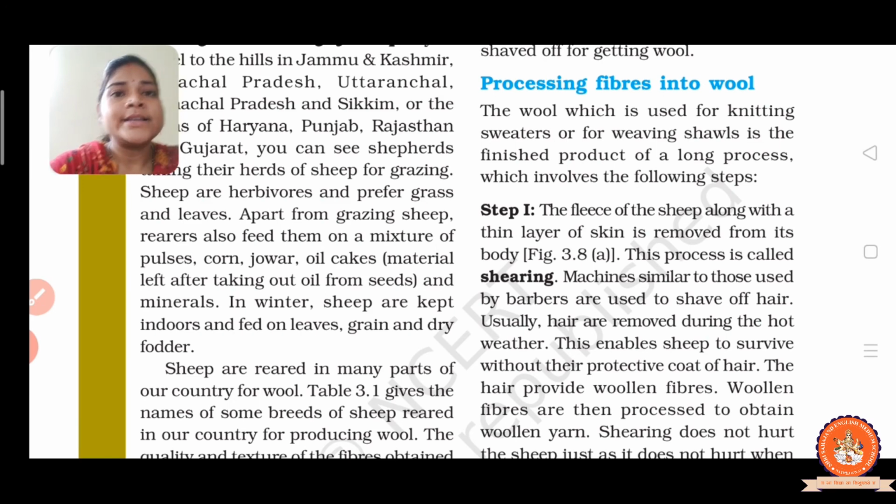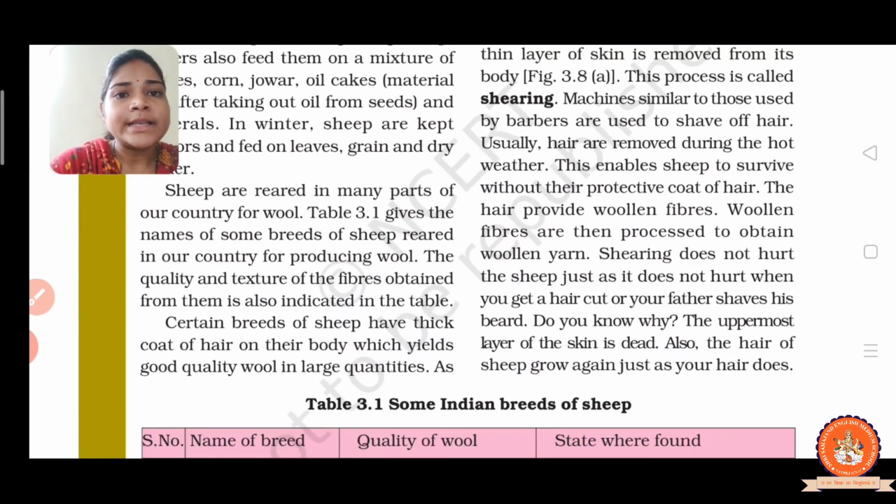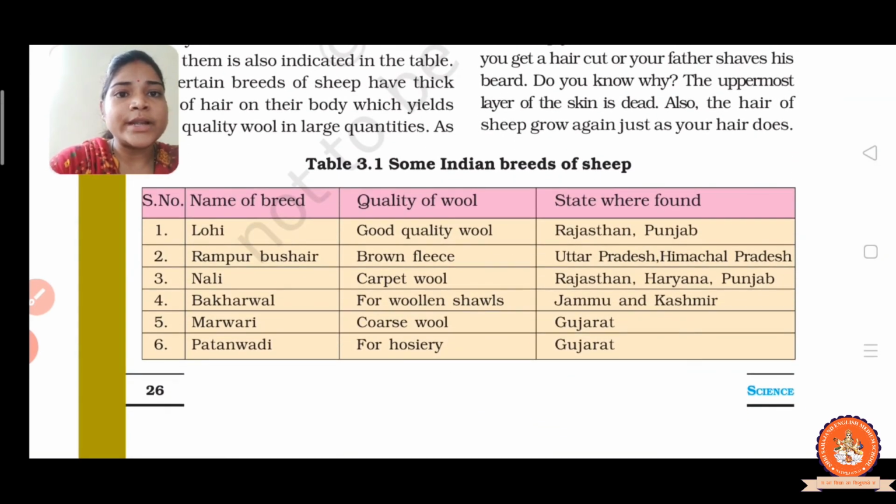Right? So students, in table number 3.1 some sheep breeds are given to you, from which we get good quality wool, and where they are found. In table 3.1 the name of the breed, the quality of wool, and the state where it is found are given.